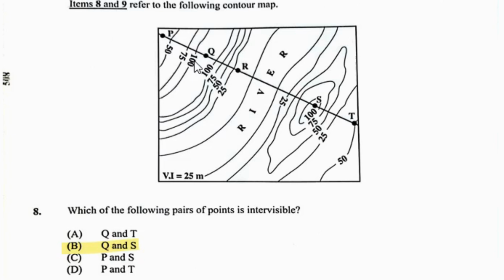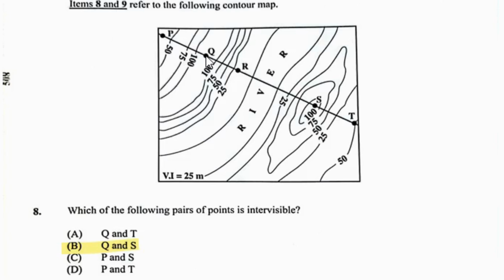Now we see that we are going down the slope from the 100, so we go back down from 75 to 50, and P would be even lower than 50 meters, right? So therefore, within this area, Q is the highest point.